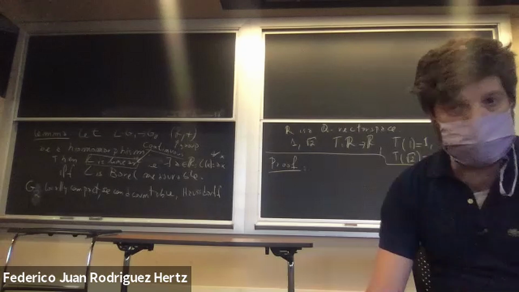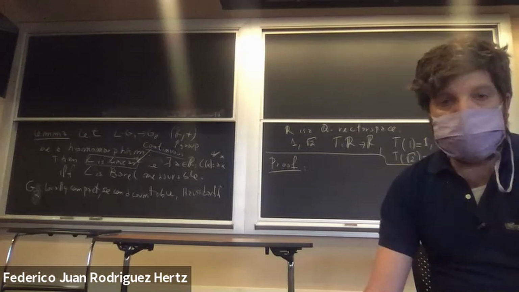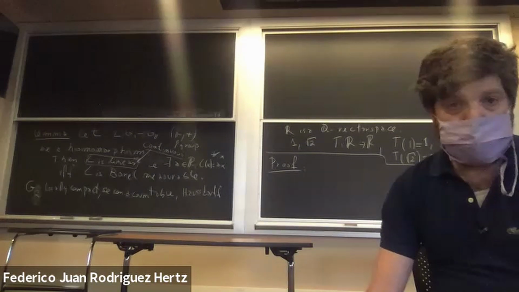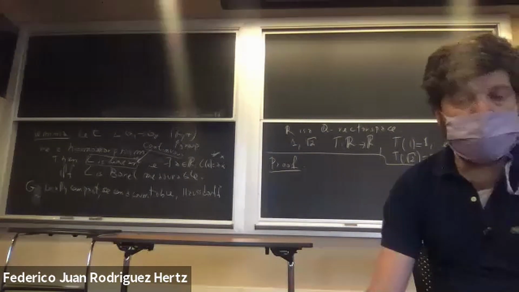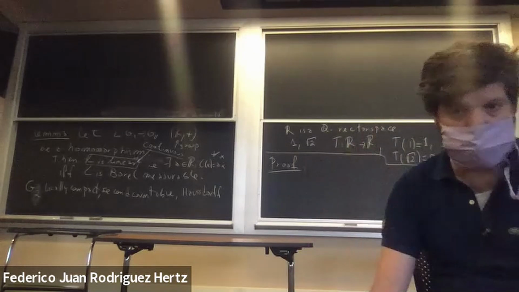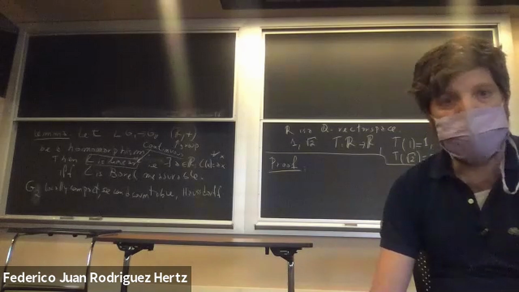So that's the magic of locally compact groups, that they have a Haar measure. So what is a Haar measure? It is a measure on this group which is invariant by left translation or right translation, depending on what you want to choose. Let's say left translation for our business.